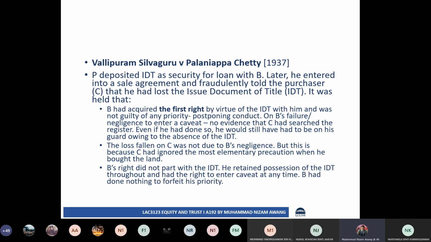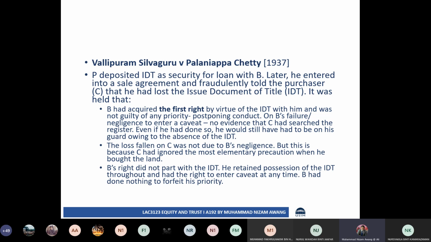In this case, the court blamed C. The court held that B still had the right, and the court blamed C because it was C's fault not to check the land register whether there was any caveat on the land. So that's why C lost this case and B retained his possession over the land because he still held the IDT.